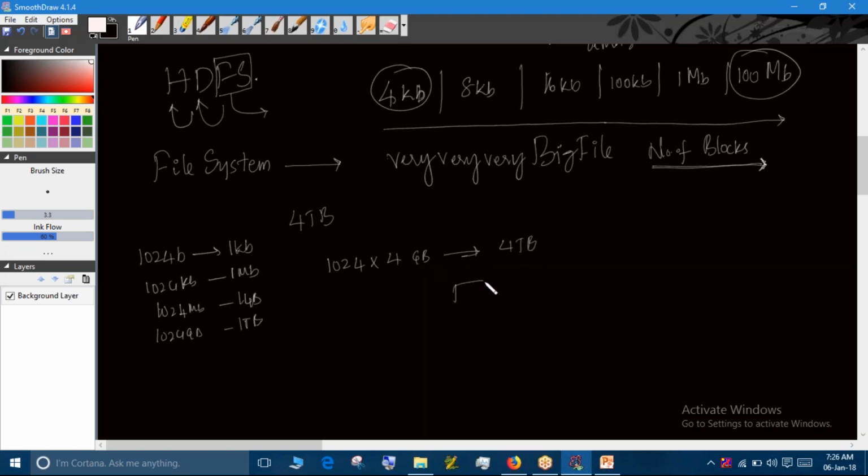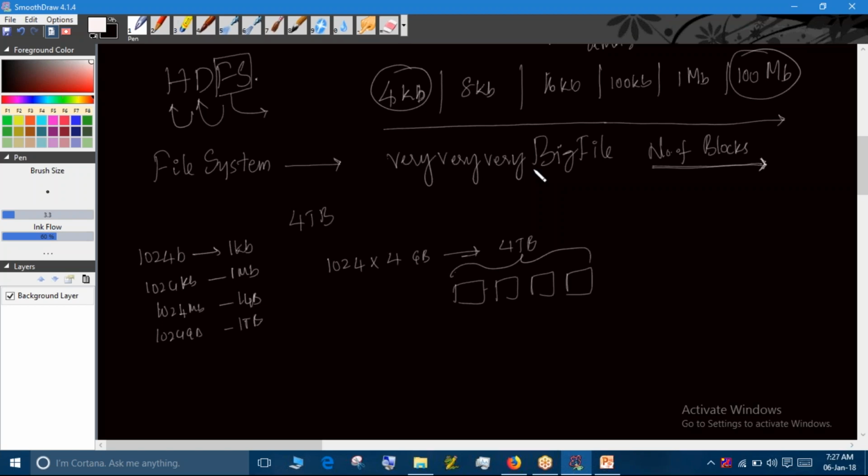It is like four 1 TB hard drives put together. Imagine how many blocks I need to store it. They run into millions, right? I need millions of blocks to store my file. I'm not going into the calculation, but it will definitely run into millions.